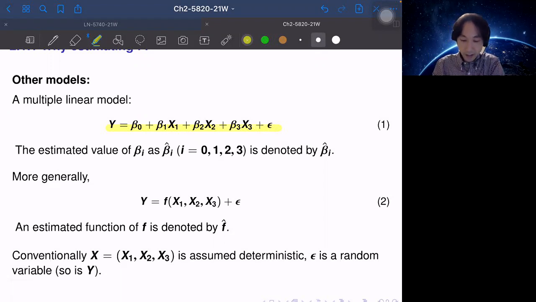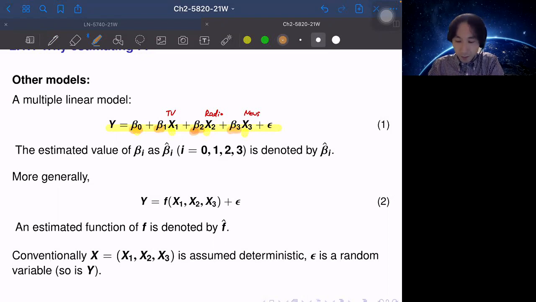In this case, maybe Y is the linear combination of the intercept and X1, X2, and X3. Here X1 may be TV, X2 is radio, and X3 is newspaper. The objective is to estimate beta naught, beta 1, beta 2, and beta 3.